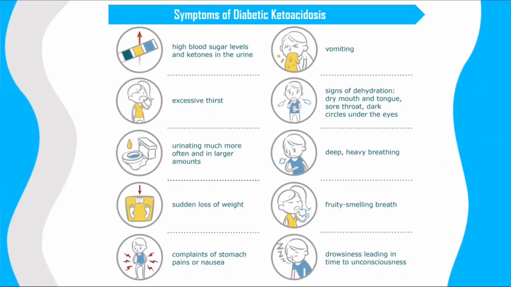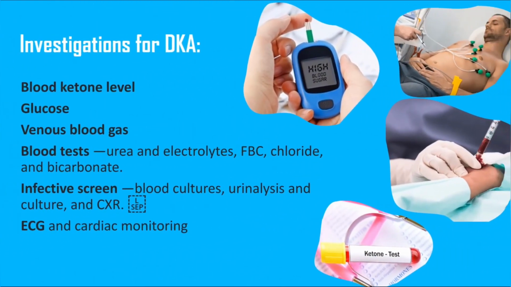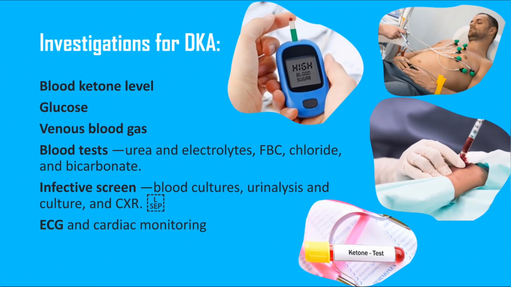But how to diagnose a DKA? To diagnose a DKA, you have to send some investigations. Most importantly, blood ketone level, glucose, and venous blood gas. So these are important to diagnose. If blood ketone level is not available, you can send for ketone in urine.